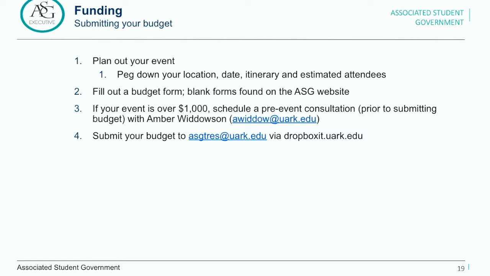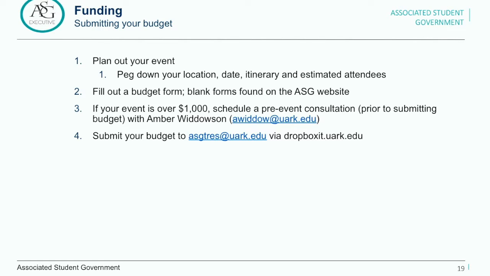If your event is over $1,000, then you need to schedule a pre-event consultation with the RSO graduate assistant. This semester, in the spring of 2016, it's Amber Widowson, and that's her email right there.